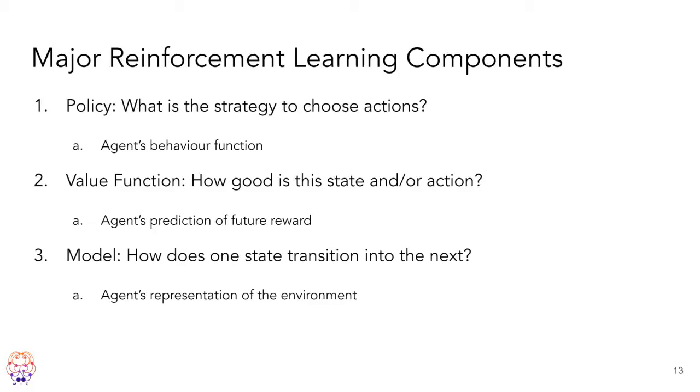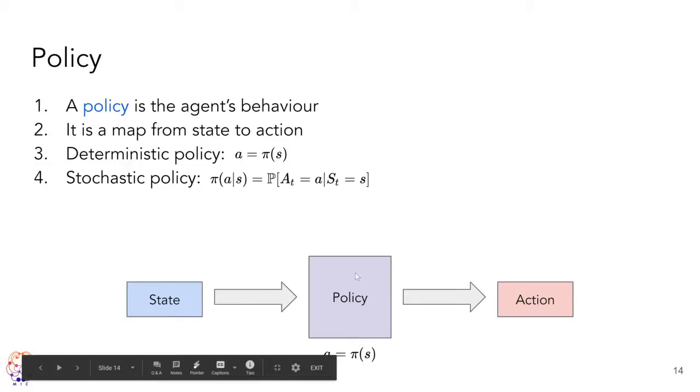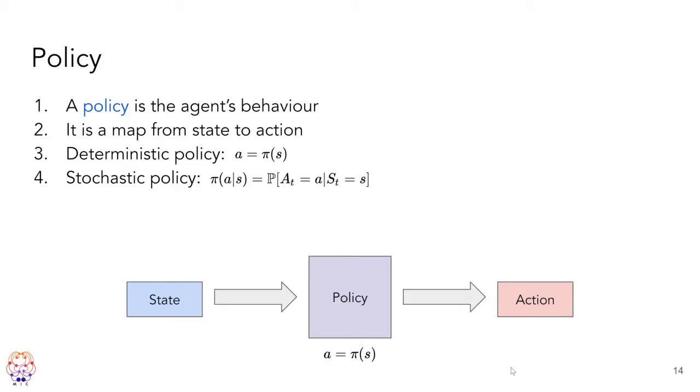And this is usually represented inside of the agent, if we want, and also the environment has its own model too. So in detail of policy, we have our state, policy, and action. It's just we pass it through a function and we get an action out. And the main goal in reinforcement learning is to learn what the policy is, right?